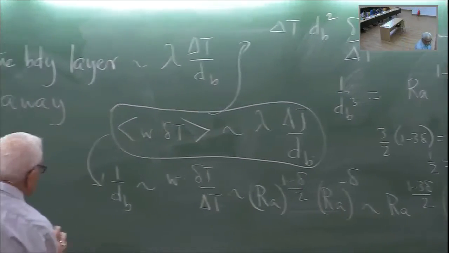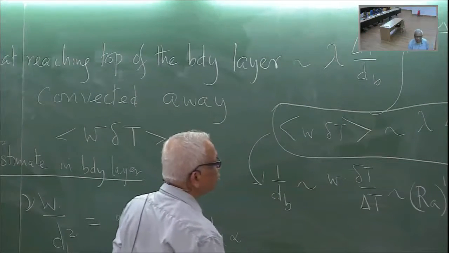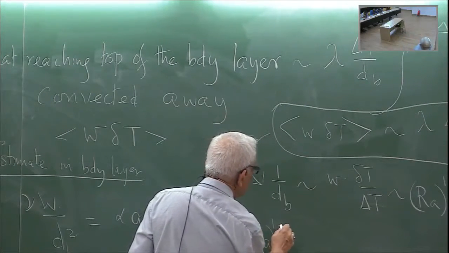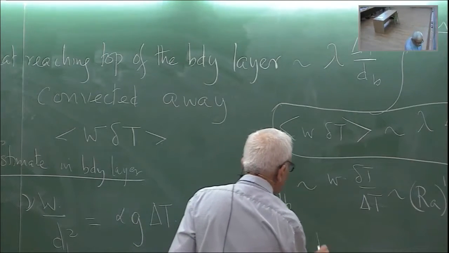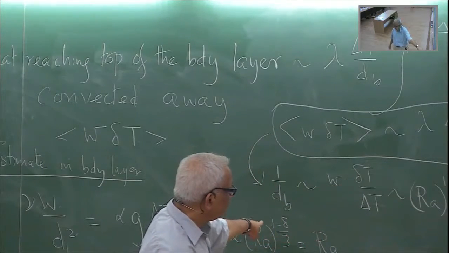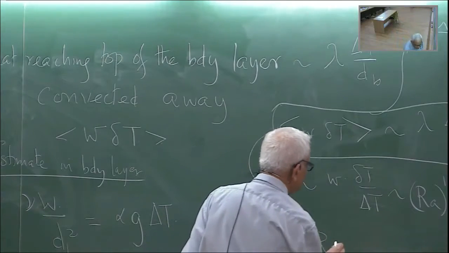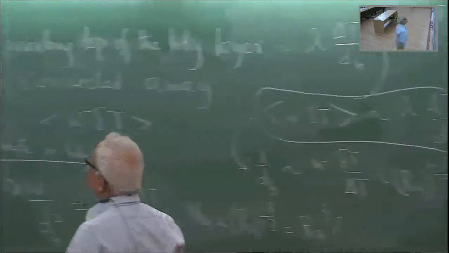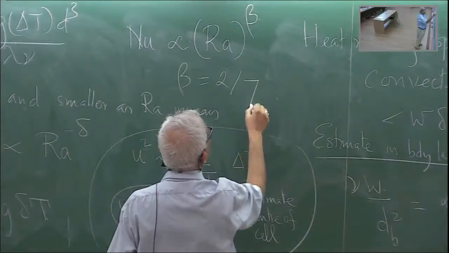So Nusselt number Nu is proportional to Ra to the power 1 minus delta divided by 3. Delta is 1 over 7, so it is 6 over 3 by 7, so it is 2 by 7. So you do this and you get beta equal to 2 by 7.